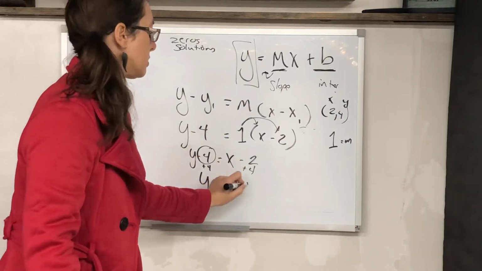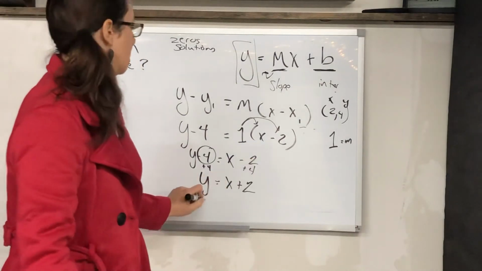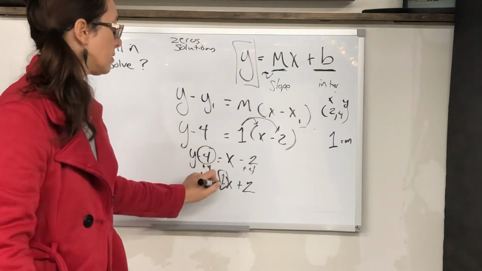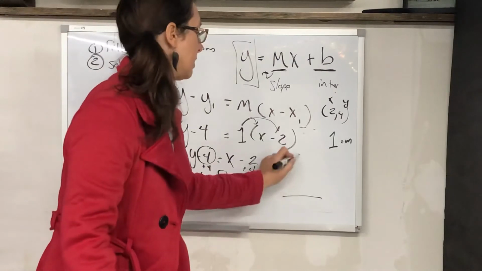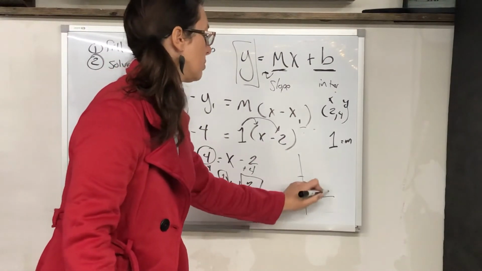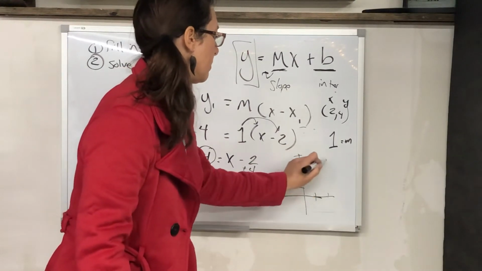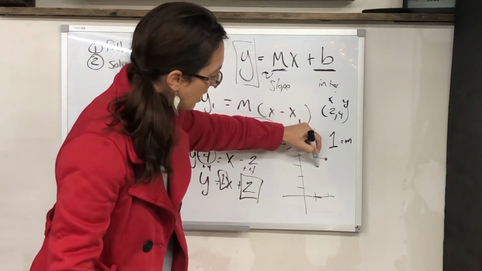So y equals x plus 2. Okay, so now I know that my slope was 1, correct? And my y-intercept, it crossed the line at 0, 2, which when we graphed that, it did. We started at 2, 4. I go over 1 and down.